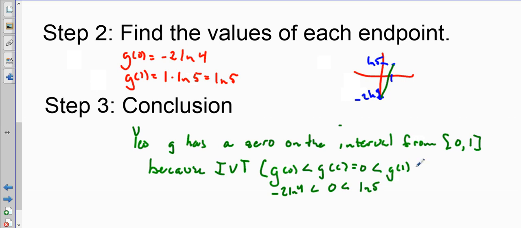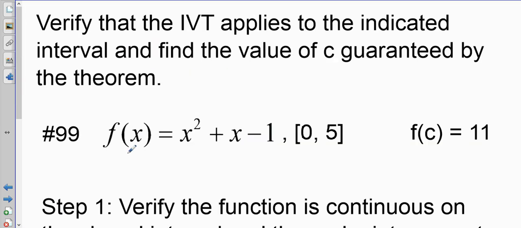So there has to be some sort of c value on this interval that will generate a 0 because we know that this function is continuous, and according to the intermediate value theorem, there is going to be a c value on the interval from 0 to 1 because we go from a negative value to a positive value on this interval. All right, so that's our conclusion. That's what we got.